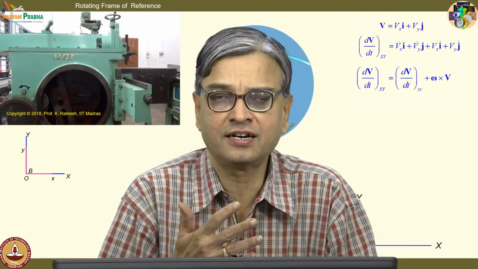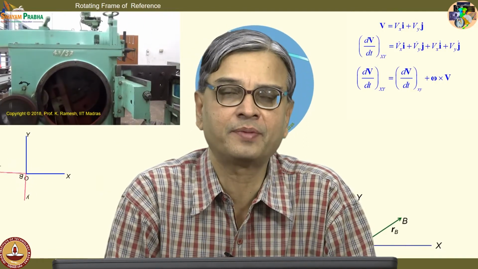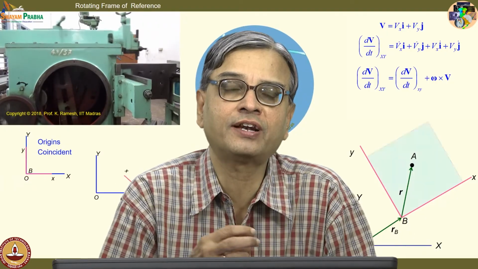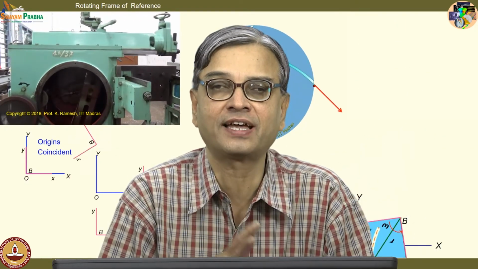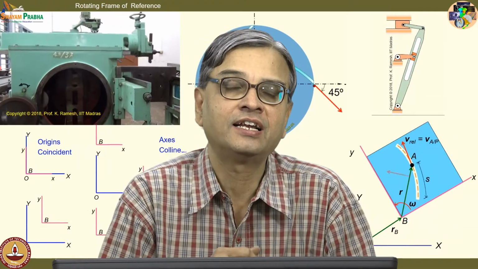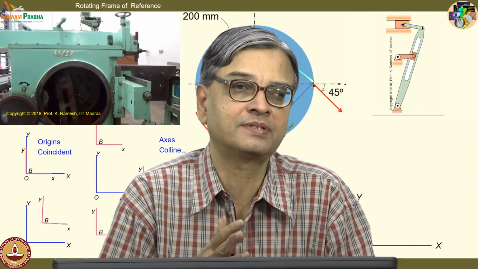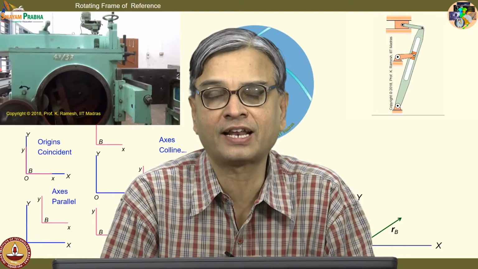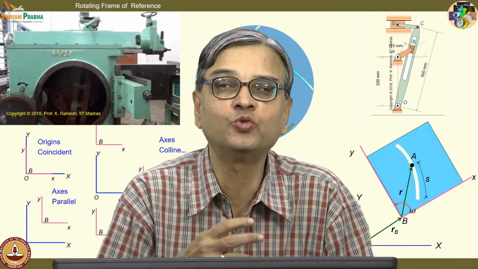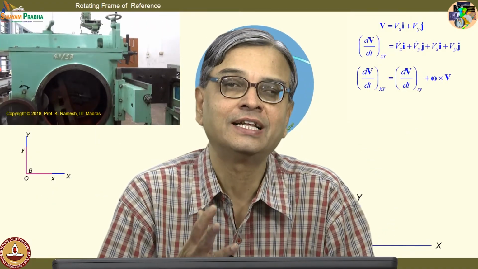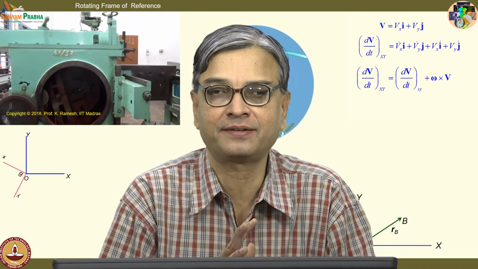In fact, in certain class of rigid body mechanics, you would be able to determine only the relative quantities based on the construction of the mechanism. And such problems lend themselves easily for analysis if you have a rotating frame of reference with which you view the problem situation, then you can solve them comfortably.